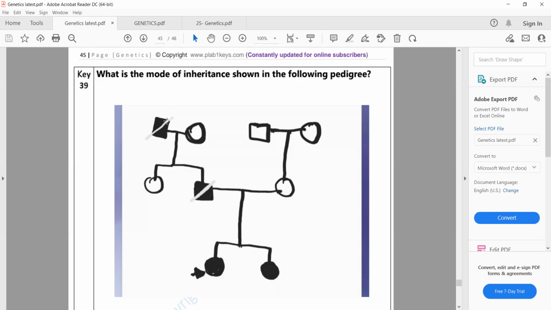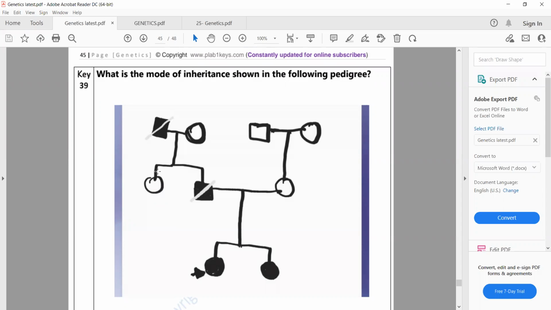Both the genes should be defective. But you can see that in their children, there is no carrier state. One child is affected and one is unaffected, and there is no carrier.